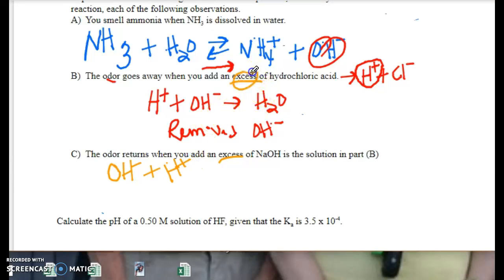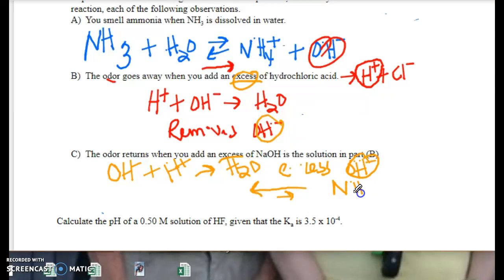So you have excesses in both of these, so you're going to see more water formation initially, and then once there's an excess of hydroxide, you're going to shift your equilibrium back to the other side because now we have an excess of hydroxide, and it's again Le Chatelier's principle that it's going to adjust by shifting back to the reactant side, and you're going to get that ammonia smell back because more ammonia is being formed again.